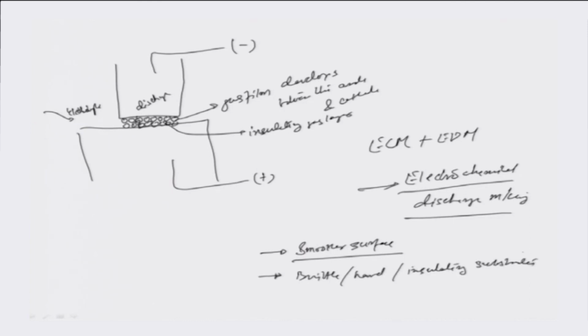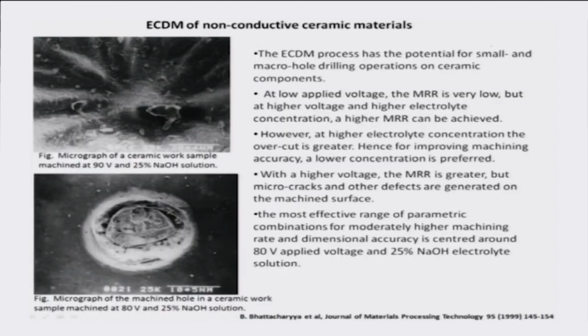So, this is the beauty of this ECDM process, and I am going to just give a few examples where ECM and EDM are combined together for machining certain non-conducting ceramic materials.